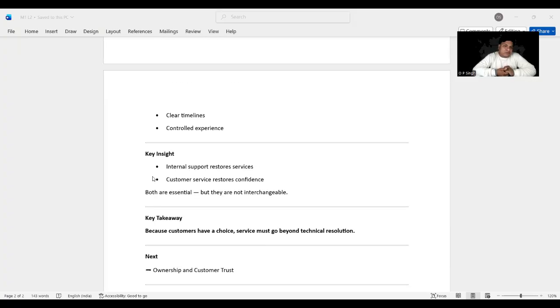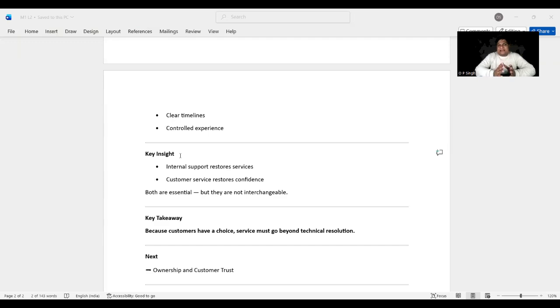Many enterprises assume that if the issue is resolved at their end, the customers will be satisfied. And my friend, this assumption is totally incorrect. A system can be restored while trust is still damaged. This is the point where internal service thinking diverges from customer service thinking.